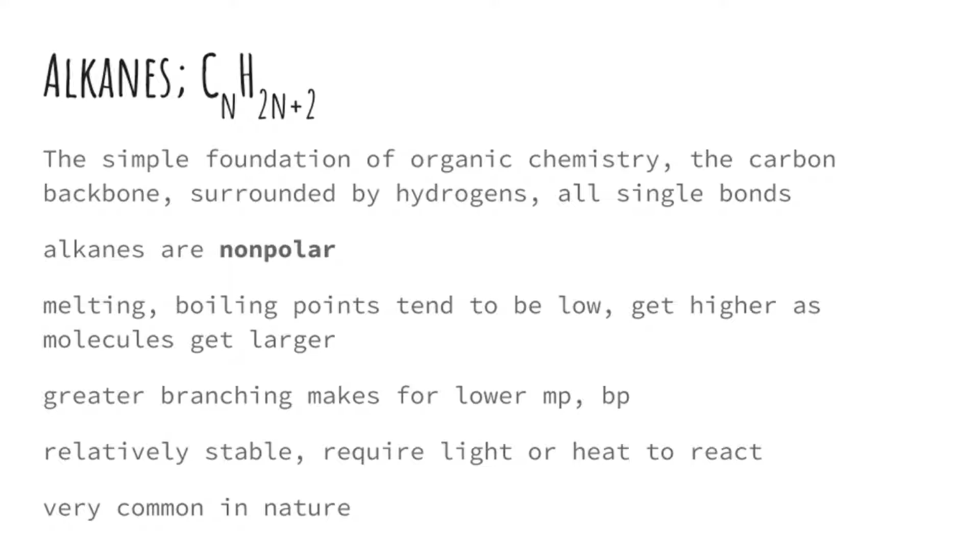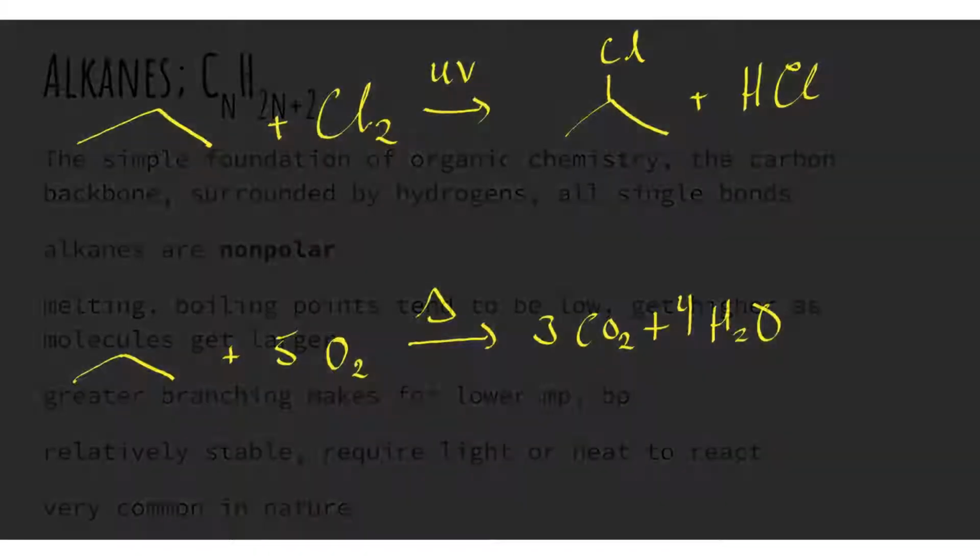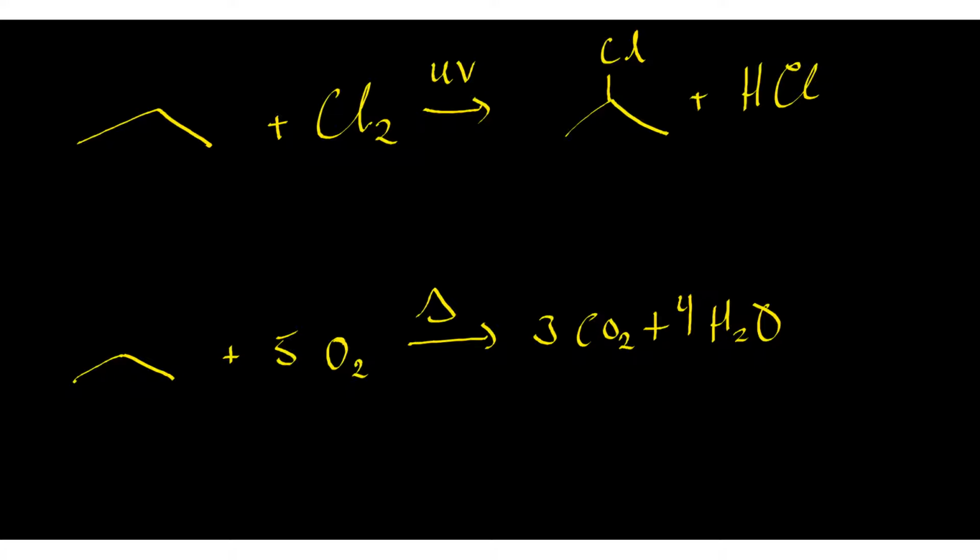Next up, these molecules are pretty darn stable. You kind of have to beat the crap out of them to get them to react. You have to expose them to high energy light. They don't just react at the drop of a hat. So if you wanted to, say, add a chlorine molecule to make a haloalkane, you would have to expose it to ultraviolet radiation, high energy light, or you have to expose it to a significant amount of heat in order to get them to combust.